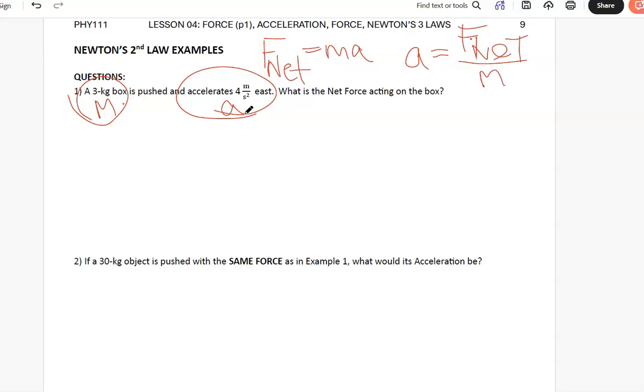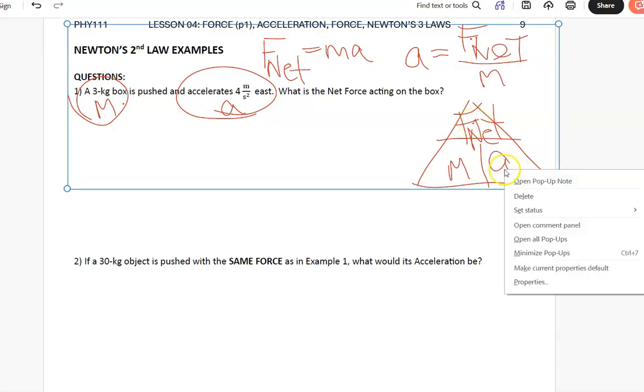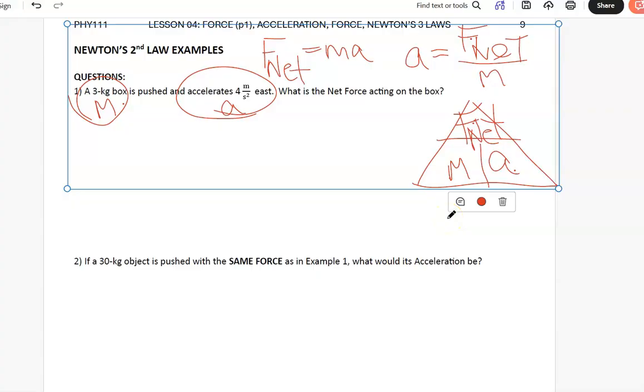Well, we just take mass and multiply it by acceleration. And those of you who like these triangle diagrams, this would look like this: the net force, the mass, and the acceleration. The net force equals mass times acceleration. The net force divided by mass is acceleration. Net force divided by acceleration is mass. Okay.